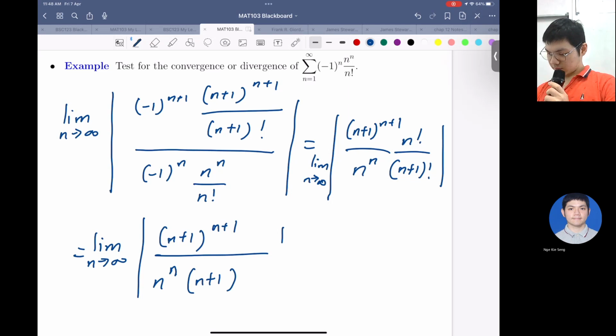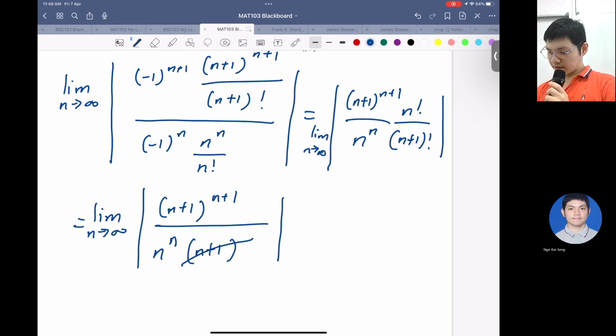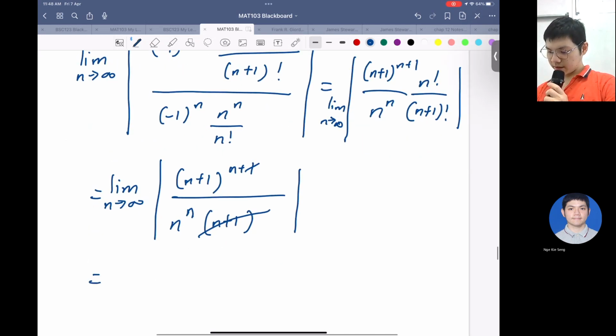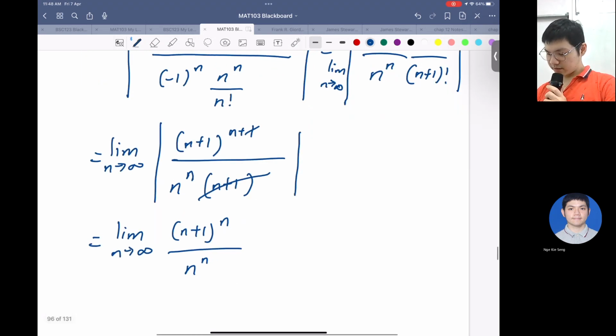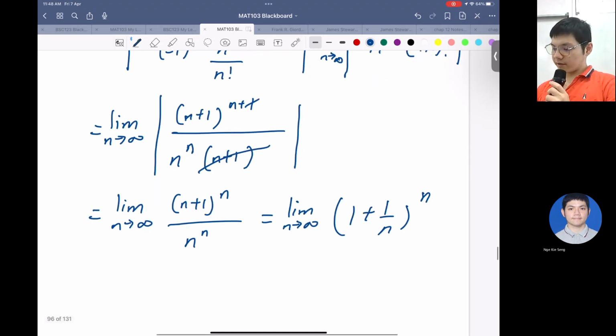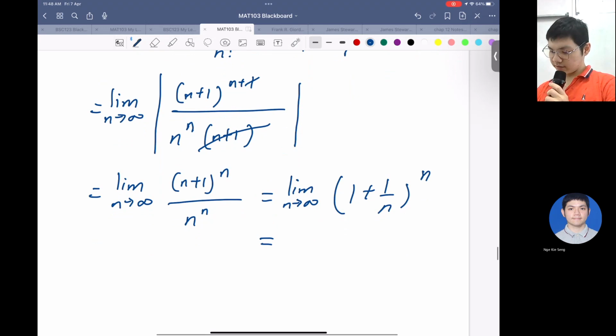Okay, good. So then you can cancel out one of the n+1. Since we already got rid of the modulus, and inside are all positive, we just remove the modulus, which is n+1 to the power n over n to the power n, and you can bring the n inside: 1 plus 1 over n to the power n. So this is the famous limit, which is equal to e.